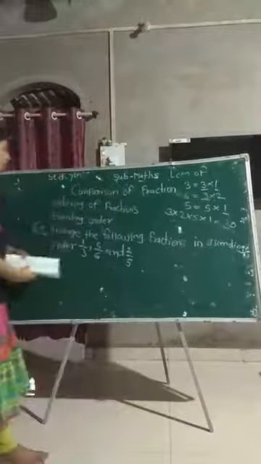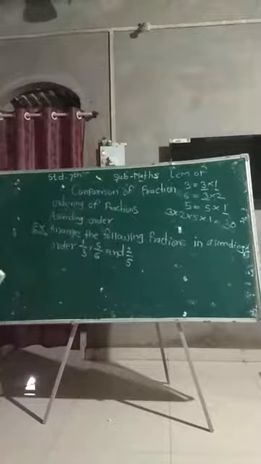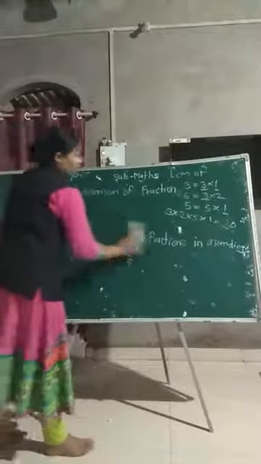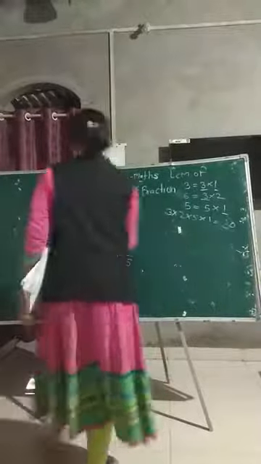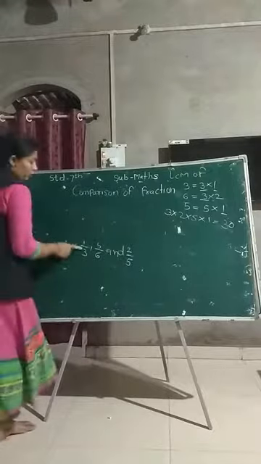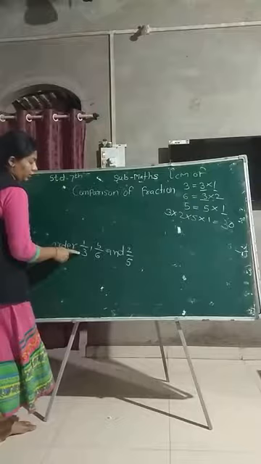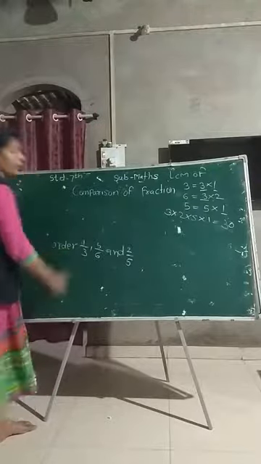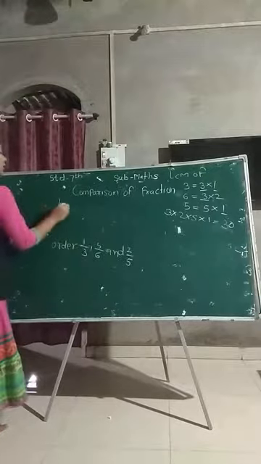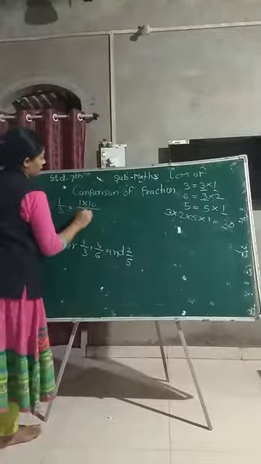So we make their denominators 30. For 1/3, to make the denominator 30, multiply by 10. In the solution we write 1 into 10 upon 3 into 10.